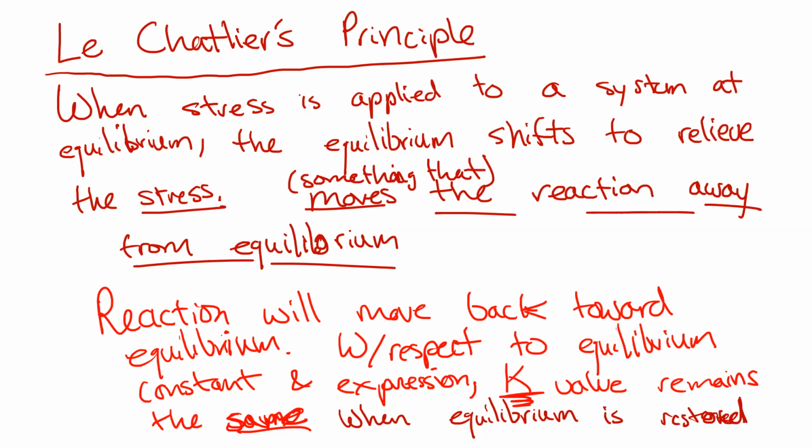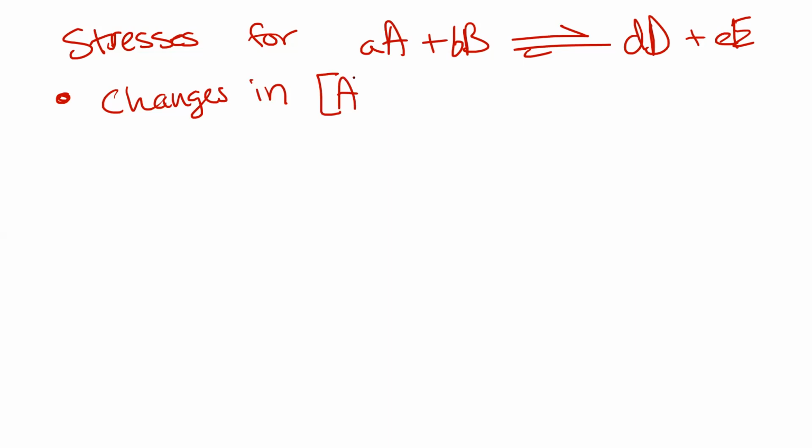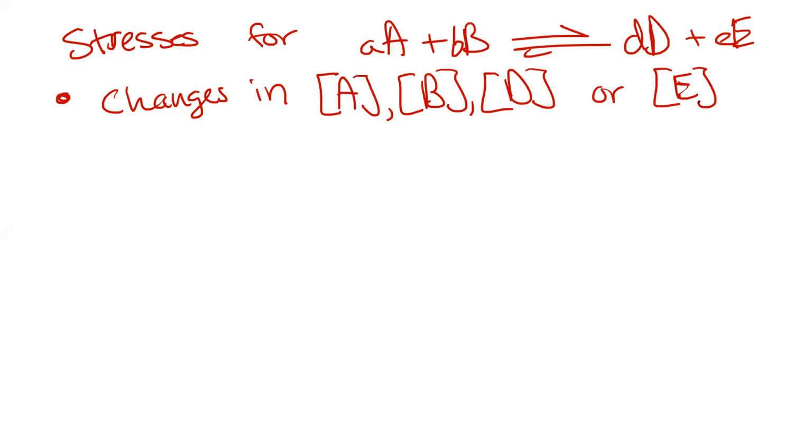The things that can affect equilibrium are as follows. Stresses for the reaction A. So stresses placed on this system could include changes in concentration of A, concentration of B, concentration of D, or concentration of E. The changes in concentration of a reactant or product will alter the state.